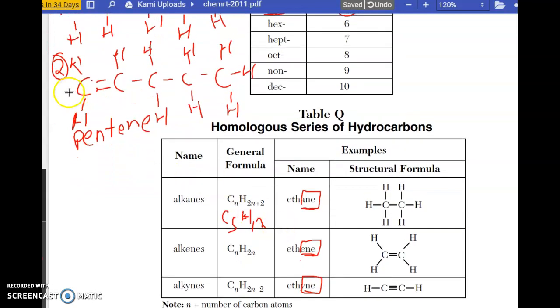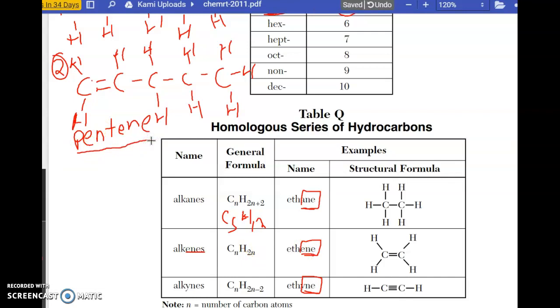Let's try to figure out the general formula for number 2 without going in and counting all the hydrogens. We know it's an alkene because it has a double bond, so its category is alkene because of the ene ending. We know its actual name is pentene because it has 5 carbons.